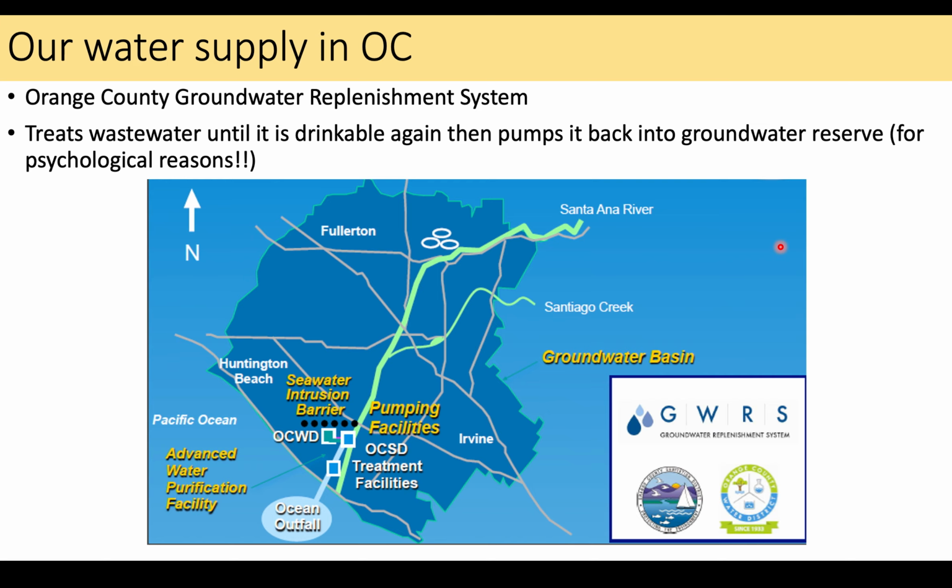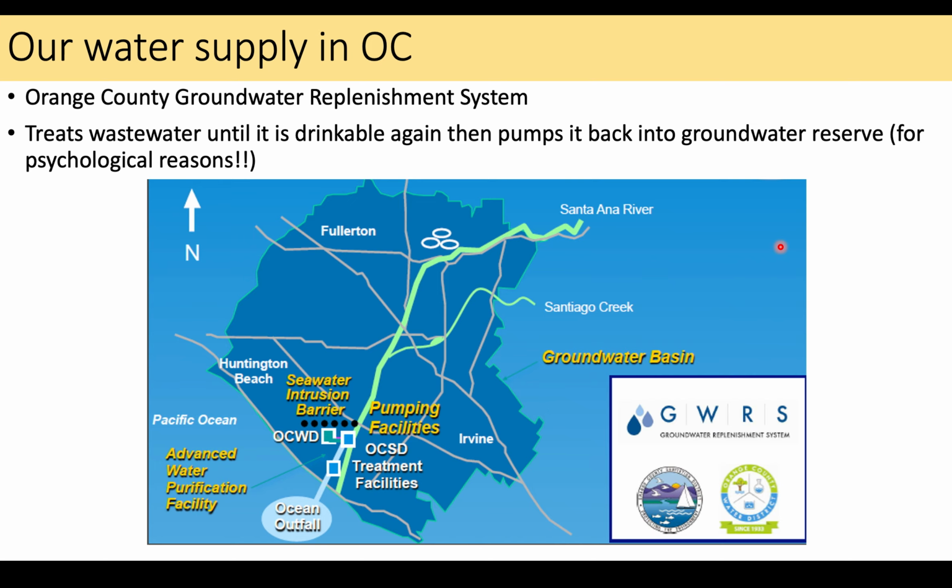So here we have the Orange County Groundwater Replenishment System. This is what I was talking about, where we are pumping water back into the groundwater supply here in Orange County. It treats the human wastewater.